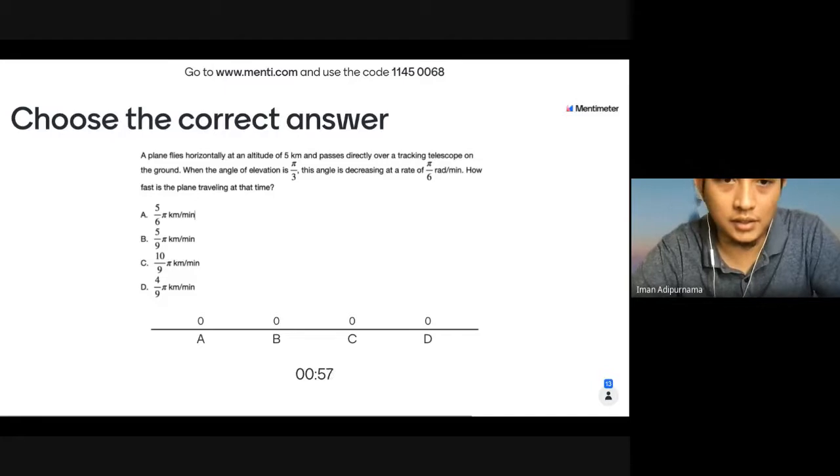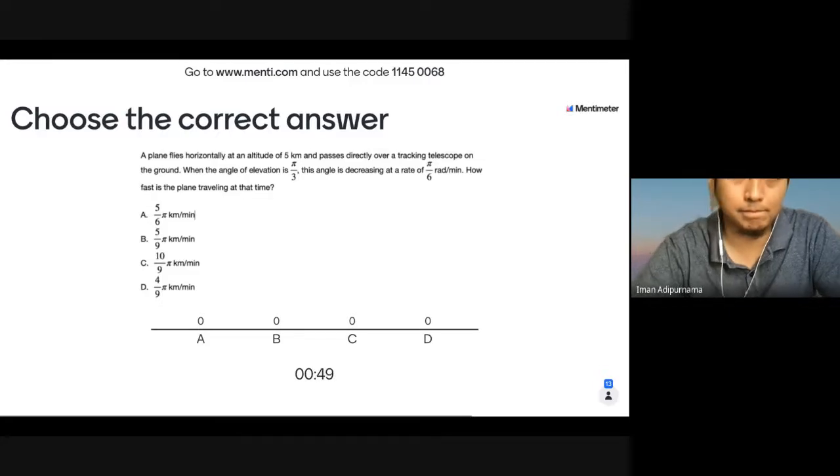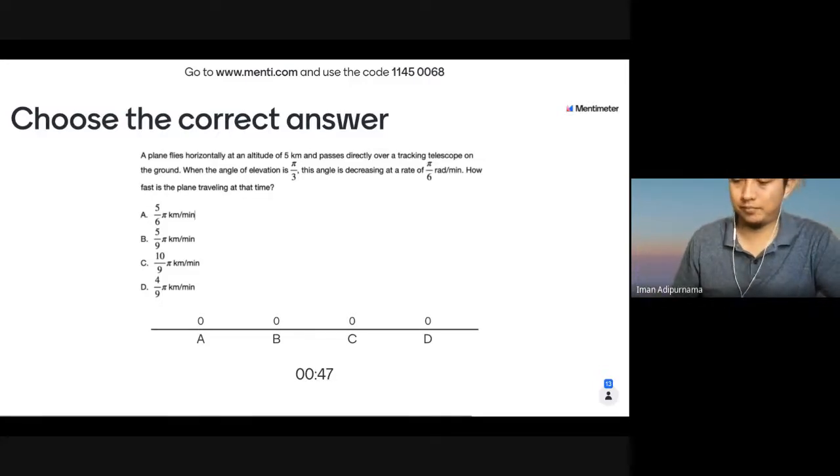I hope you get it right. Sorry if the time for these two questions is too short.